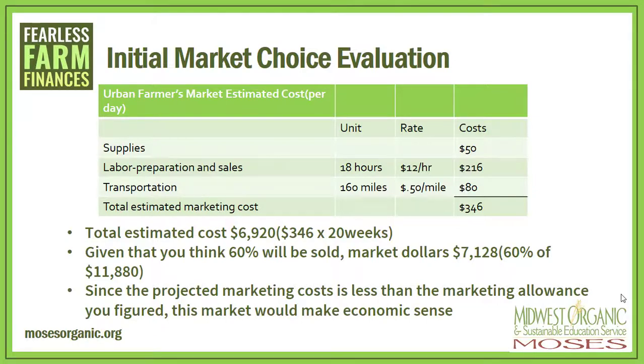Remember that projected sales volume and your overall production estimates will not always be the same, so you'll have to allow for losses through storage and handling. It's also rare that every week you're going to go to the farmer's market and completely sell out, so know that you'll have some returns.